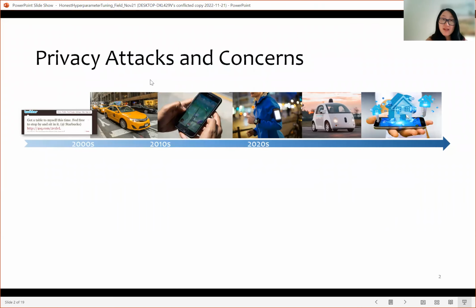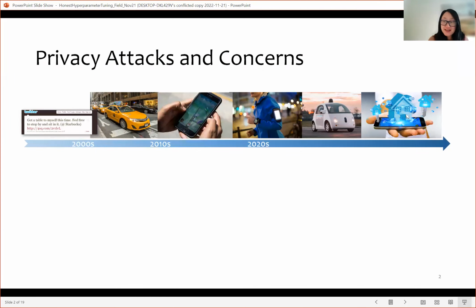Okay. A lot of personal data has been collected in the past few years, and we know that they can be used for improving our services, such as product recommendation, or can be used for scientific research, such as designing personalized medicines, right?